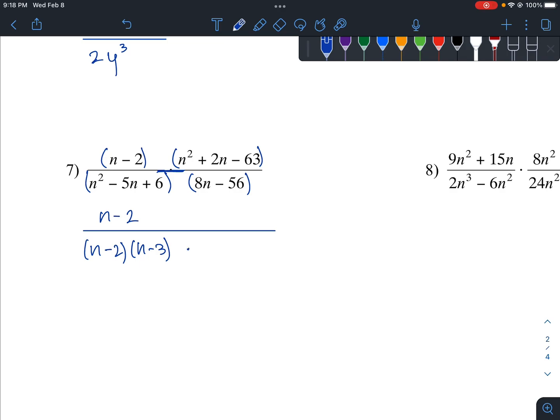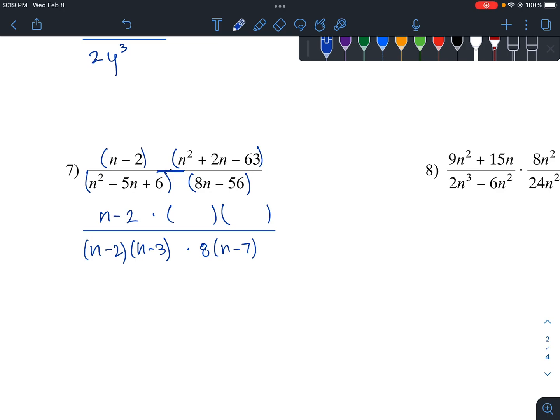And then I can take out a 4 here, or even an 8 maybe. So 56 divided by 8 is 7. So then I can take out 8, and I'd have n minus 7. Okay, and then on top over here, I need two numbers that multiply to be negative 63 and add to be 2. So 63 is divisible by 9.